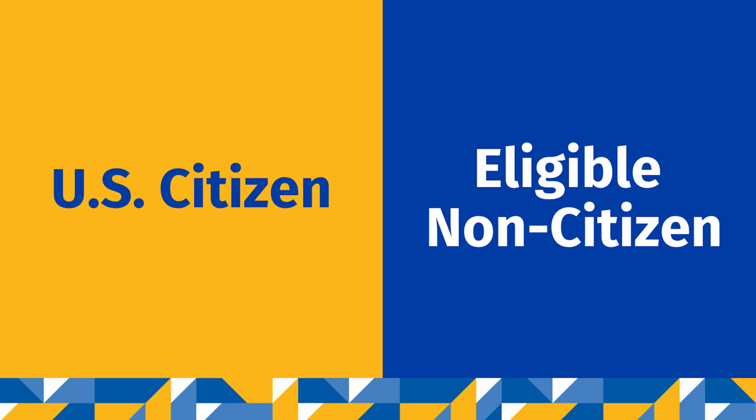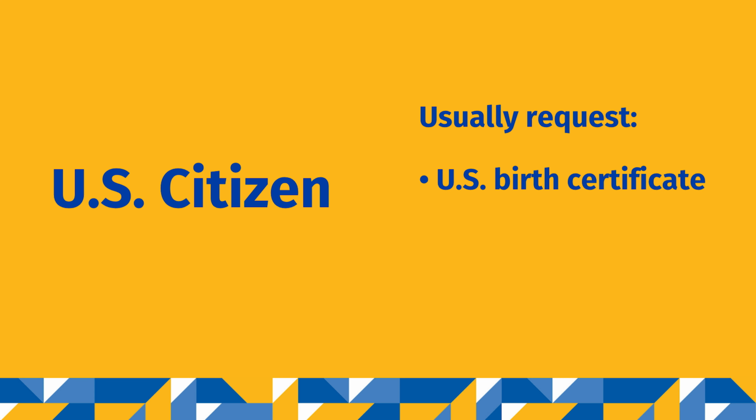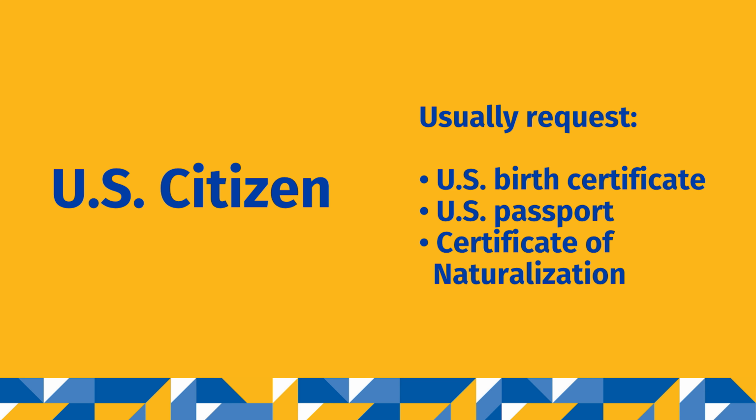You would only need to submit one valid document based on your citizenship or immigration status. For U.S. citizens or nationals, we would usually request documents such as a U.S. birth certificate, U.S. passport, or certificate of naturalization.